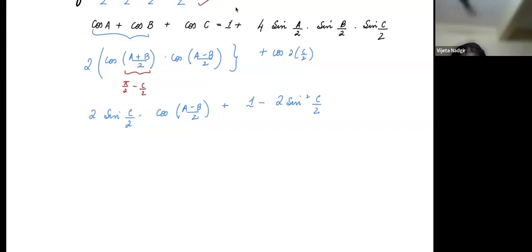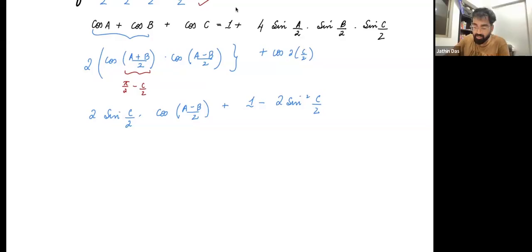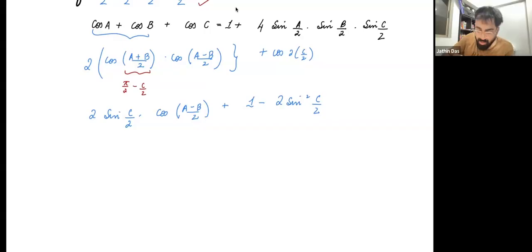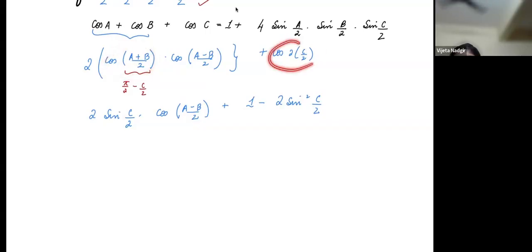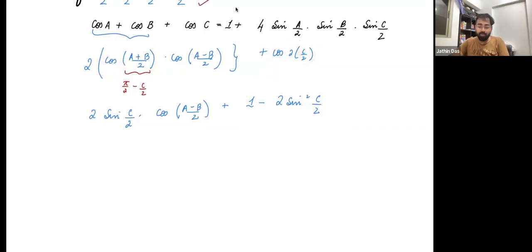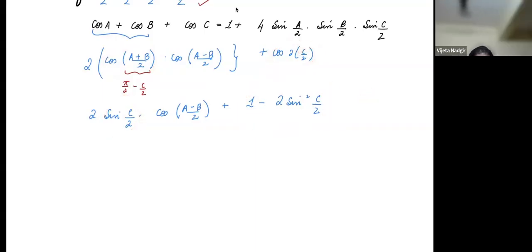Oh, okay. No, I wasn't saying about that. Acha, then I was saying that cos 2c by 2, I could take it as cos square theta minus sin square theta. Acha, वही किया. Yeah, I took it in sine ka form because this becomes sine. That's all.